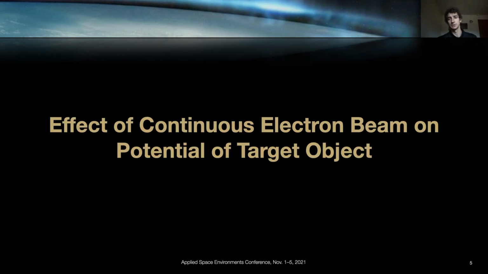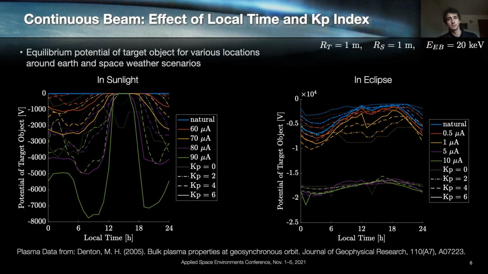So let's look at the effect of a continuous beam on the potential of the target object. In our analysis, we consider spherical spacecraft, and on this slide specifically, both spacecraft are of equal size, both have a radius of 1 meter. The graph on the left-hand side shows the equilibrium potential of the target object as a function of the local time of the spacecraft.